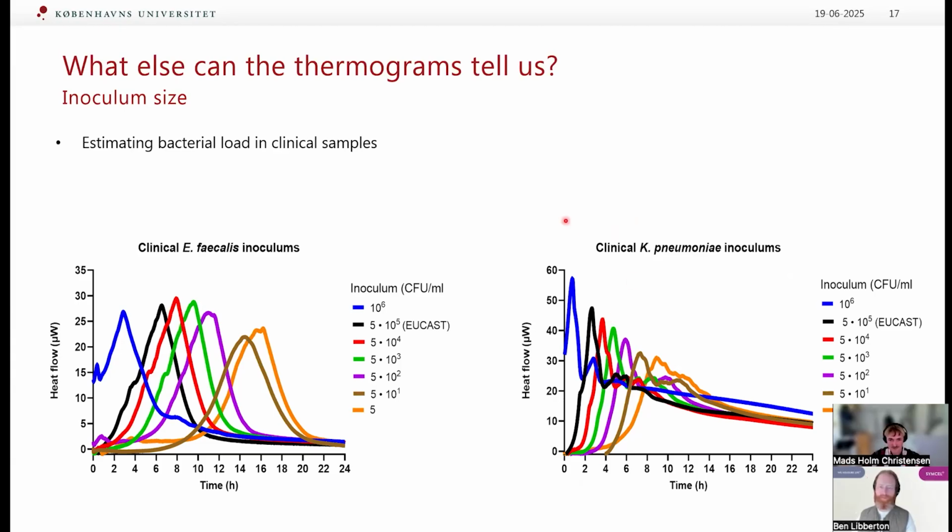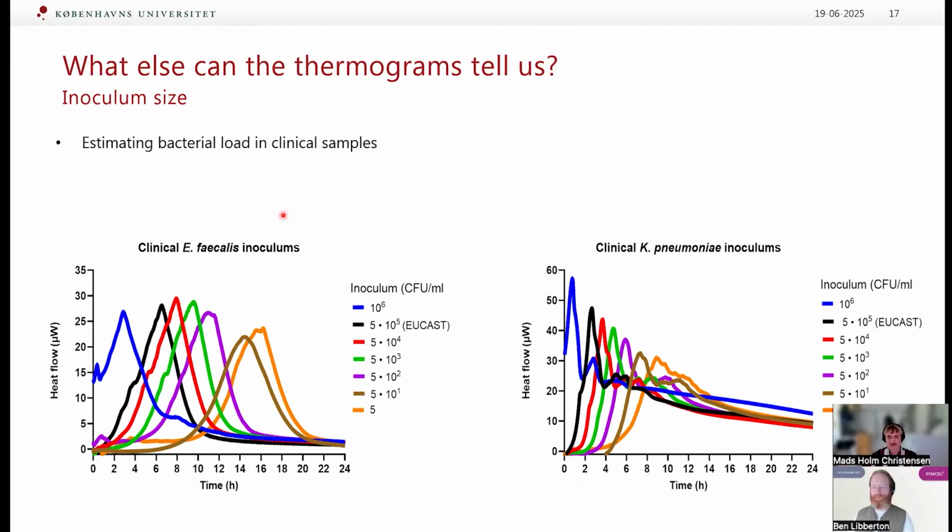So you would still be able to recognize this as a Klebsiella just by looking at it. Of course, here for the Enterococcus faecalis, at some point, the curves will start to change their shape a little bit, and the peak height will go down. As you can see with the Klebsiella, it systematically goes down all the way.